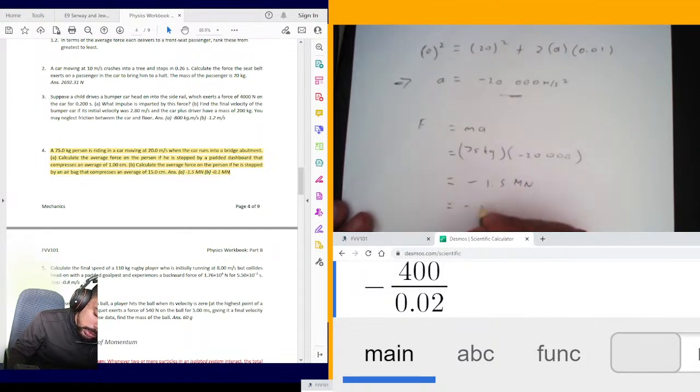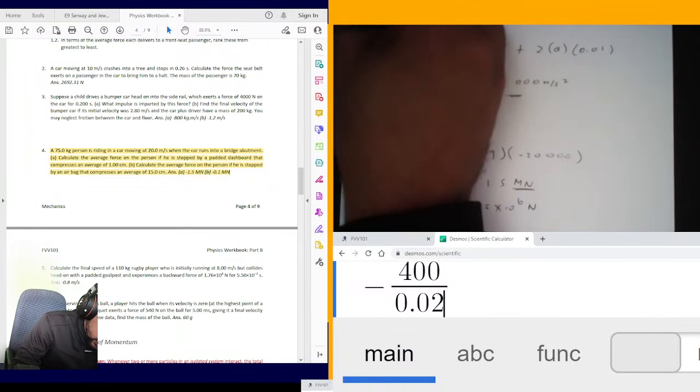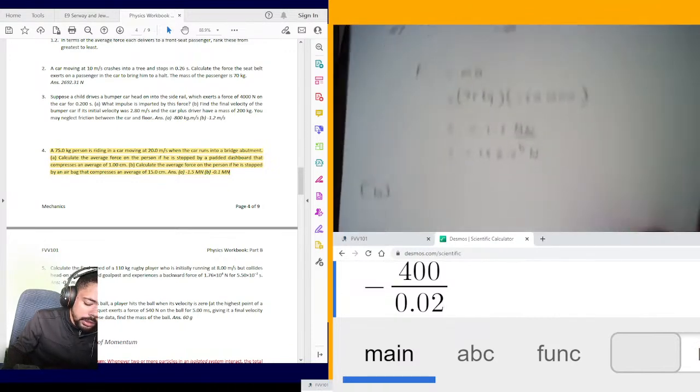So it's just going to be negative 1.5 times 10 to the 6 newtons. Okay, that's mega, that's MN, and that is the answer that their book also got. Okay, now that is A. That's question A.